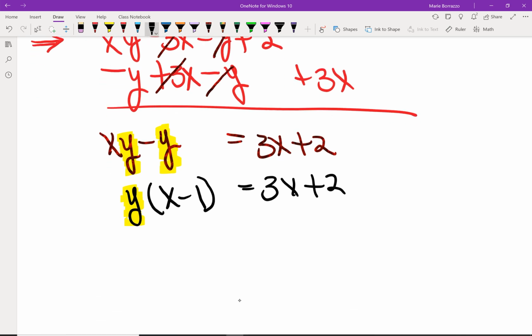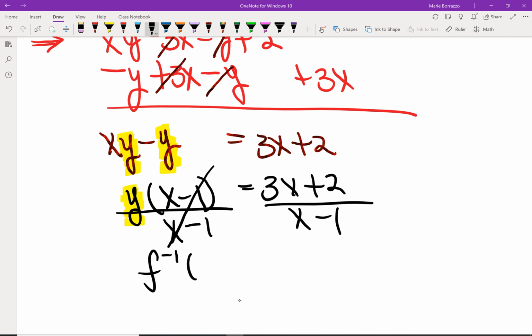My last step is always to solve for y, so I'm going to divide by x minus 1 on both sides. All right, and so this will cancel, and therefore f inverse of x is equal to 3x plus 2 over x minus 1.